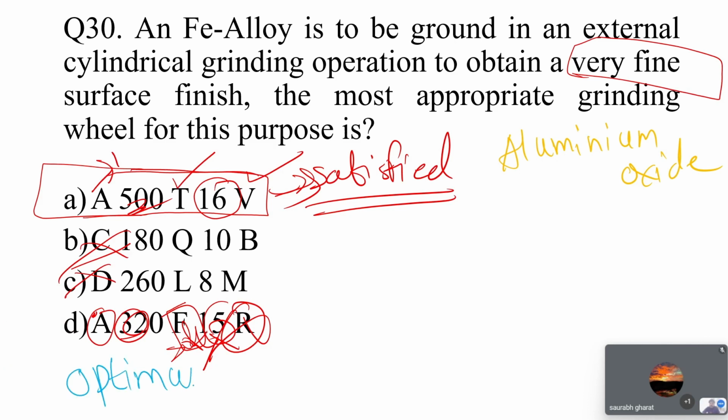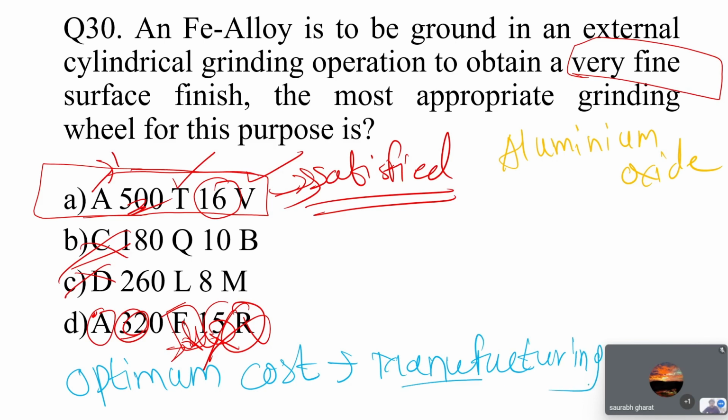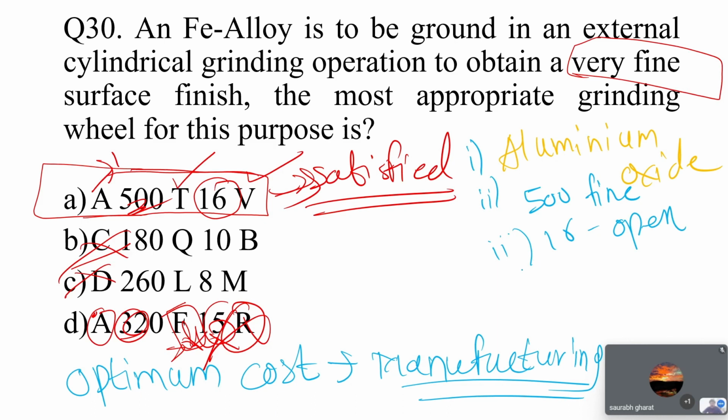As a manufacturing engineer, in manufacturing or production simply, you must have optimum cost. So aluminum oxide will be the optimum cost there, and the 500 is very fine, fine mesh. And T is good thickness, and what we have with the 60. It's open for debate, but by these three only you can say it.